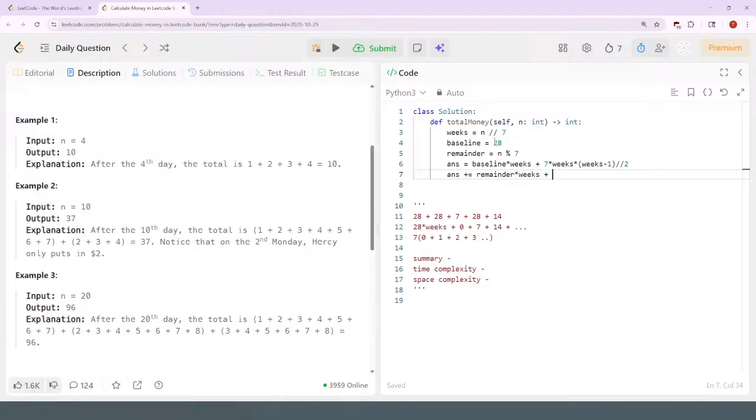Okay. When the baseline in this case is an arithmetic sequence, so it's like remainder. Just shorten this. Let's say it's leftover. I think it's weeks times leftover, plus leftover times leftover plus 1 over 2.